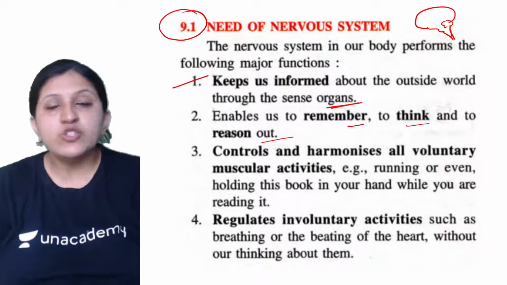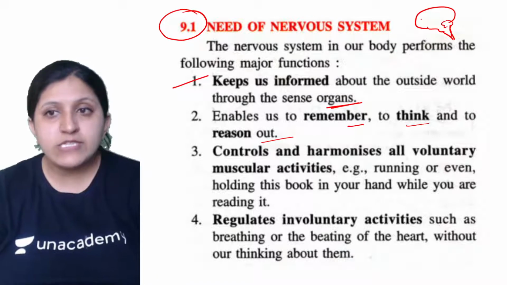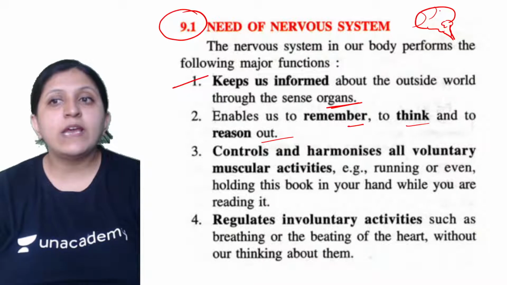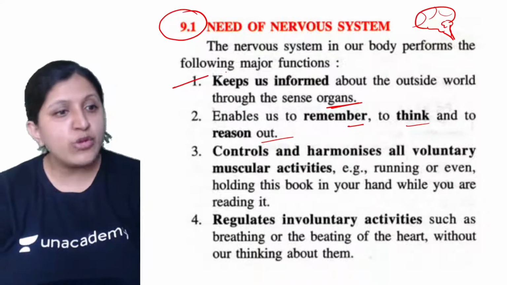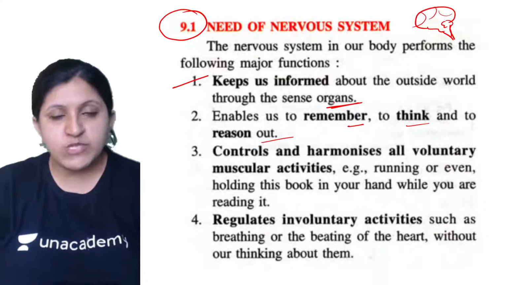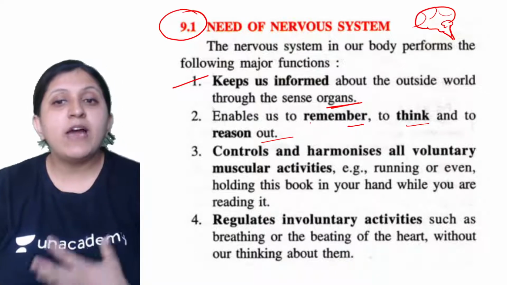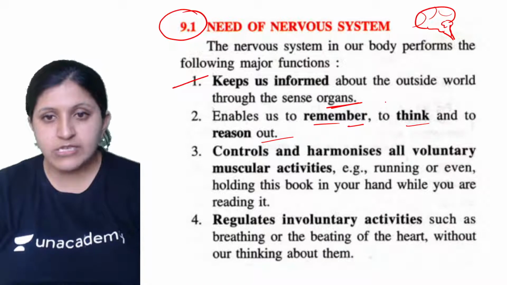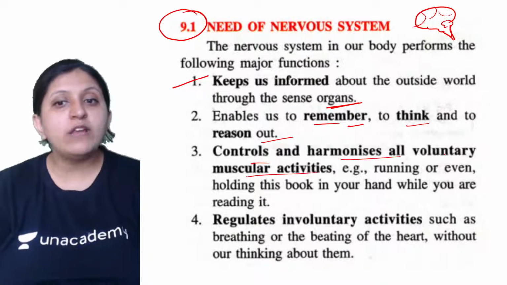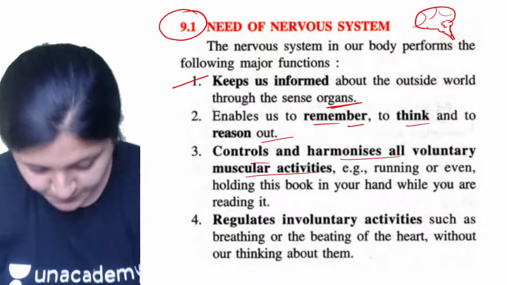In the cerebrum, a part is responsible for memory, a part is responsible for thinking, and a part is responsible for vision and hearing. All these different associated parts enable us to remember, think and reason out.